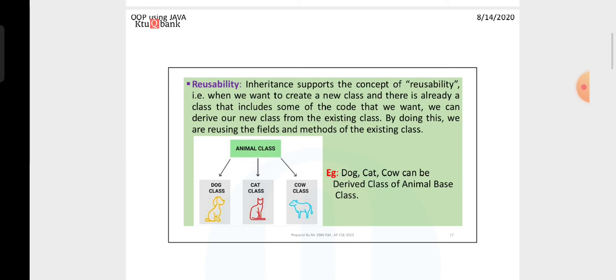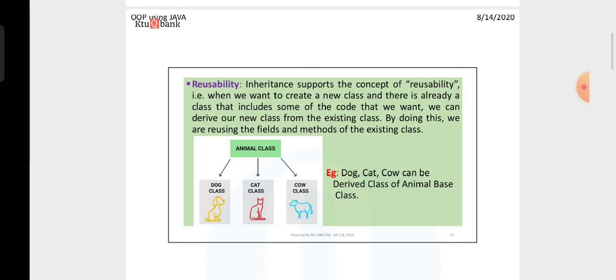Okay, so when we want to create a new class, and there is already a class that includes some of the code that we want, we can derive our new class from the existing class. So when you derive that class from the existing class, the new class can take or derive the properties of the existing class. Okay, so we are reusing the fields and the methods of the existing class.